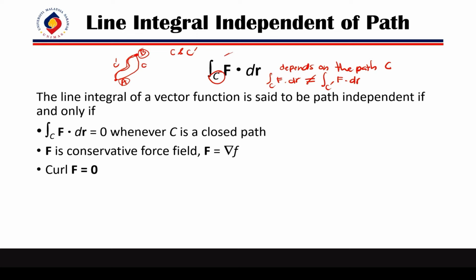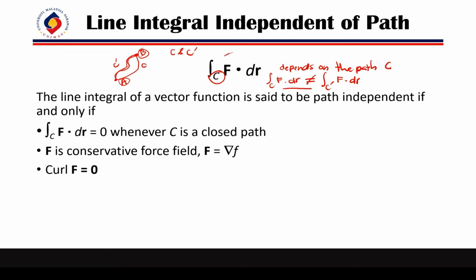So when we start from the same point and end at the other point, even though we have the same start and end point, if we take a different path, this will give a difference in the line integral of F dot dr with different paths, right?